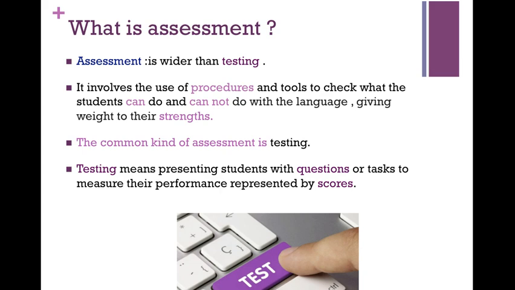and more comprehensive, definitely. Assessment includes any means of checking what students can do, and this is the positive or the strengths, the strong points, and what they cannot do. That is to say, the weaknesses, because all students have strengths and weaknesses.